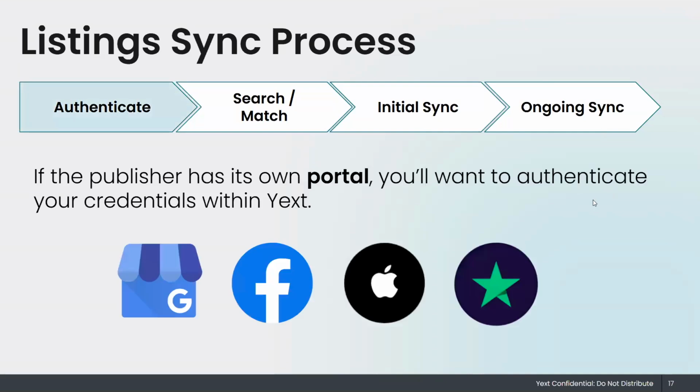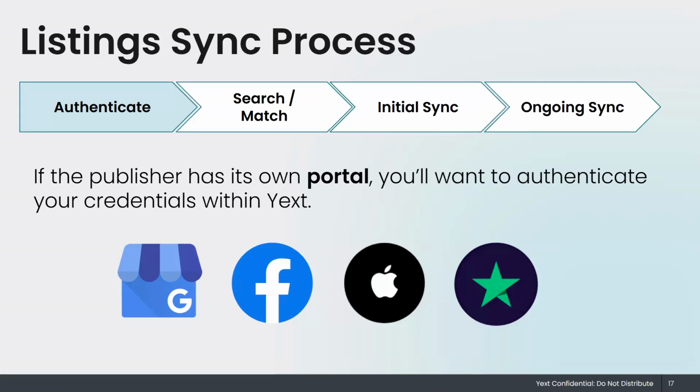So with the 4 main steps then, the first one is the authenticate process. And this is needed for these 4 publisher partners only, okay? There's Google, which people know as Google My Business. It's rebranded to Google Business Profile. There's Facebook, there's Apple, and there's Trustpilot.